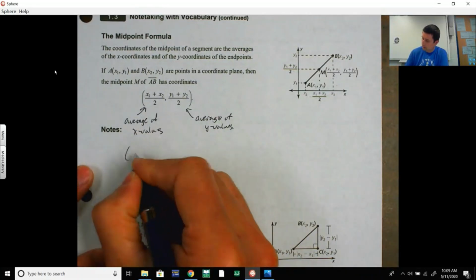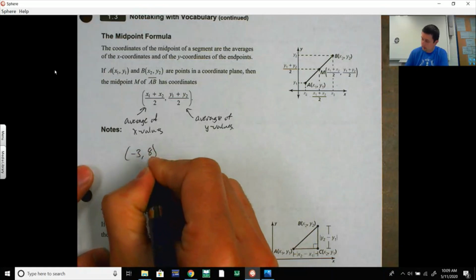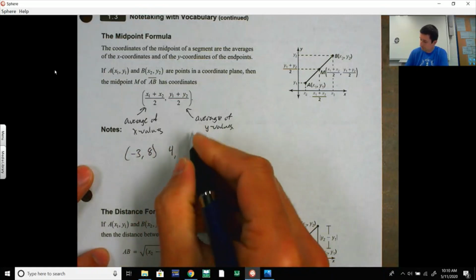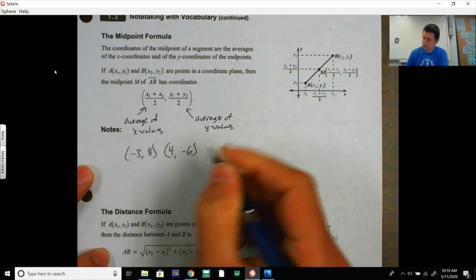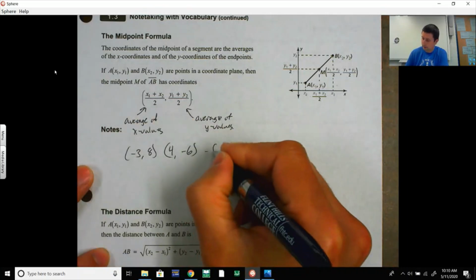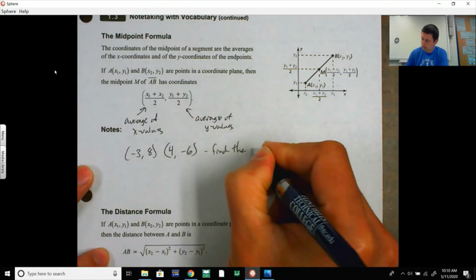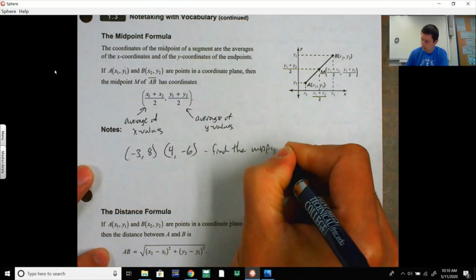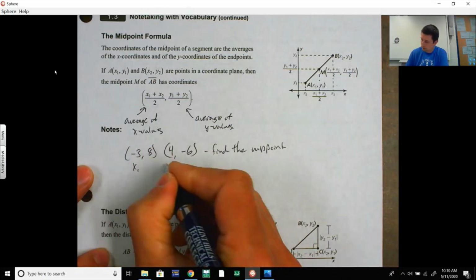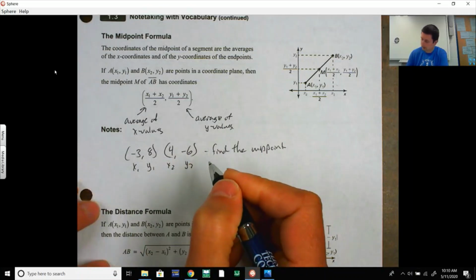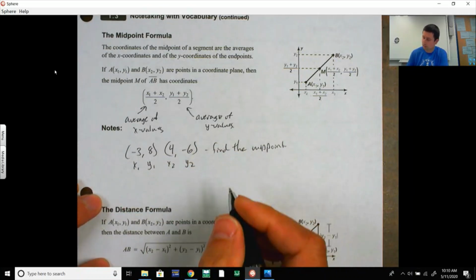So let's say we have points at -3, 8, and 4, -6, and they want us to find the midpoint. That's x1, y1, x2, y2. Same sort of setup that we did for slope in Algebra 1.